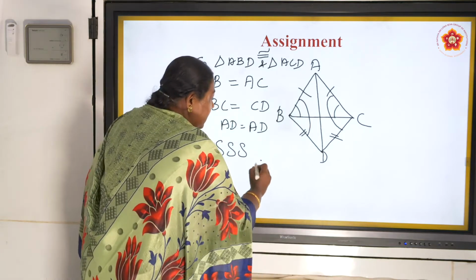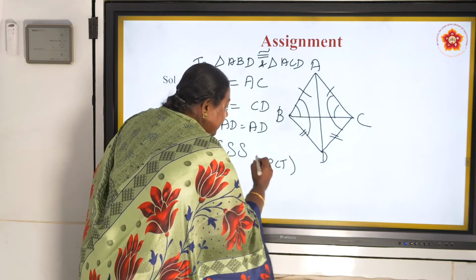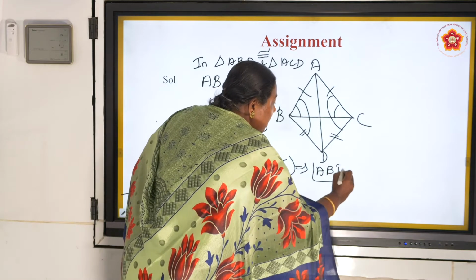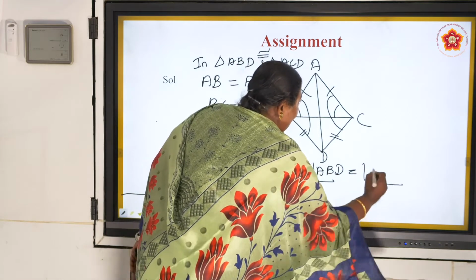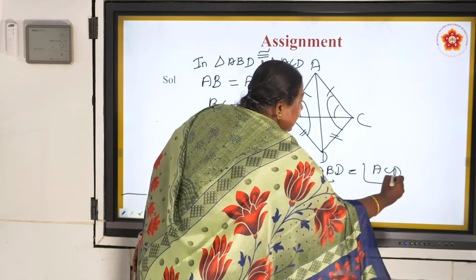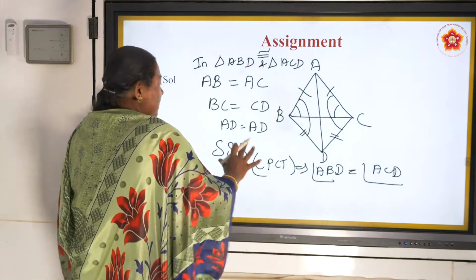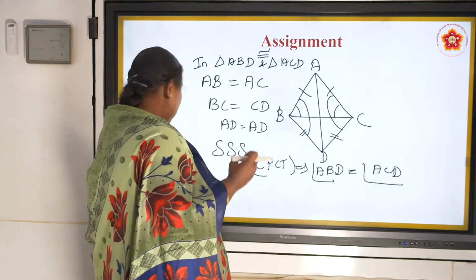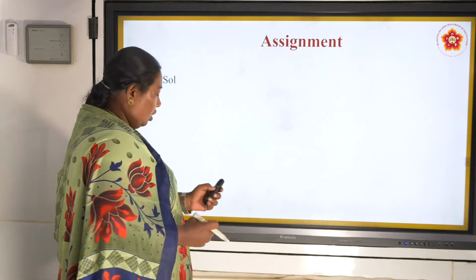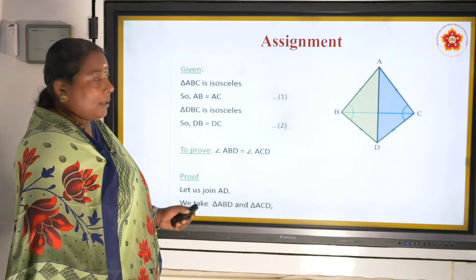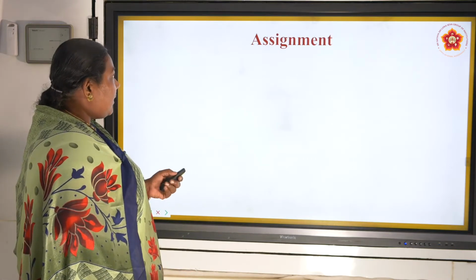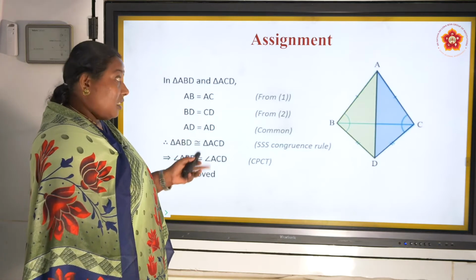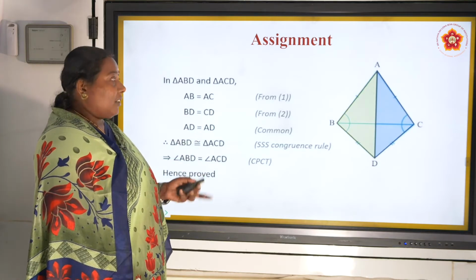By CPCT, angle ABD is equal to angle ACD. So you don't even have to think much. Just look at the figure and bring out the pattern of what you have to write. Then just write it. That's all. This is the given and I have given the answer also. I think you understood. This is the easiest assignment I have given.